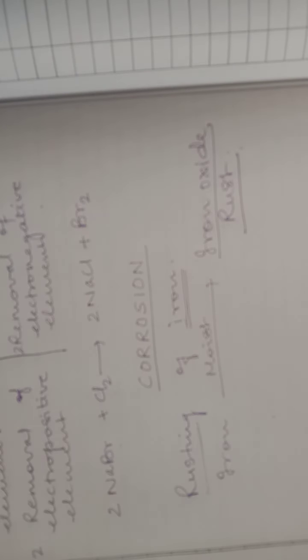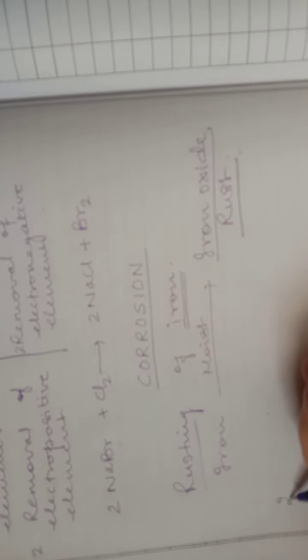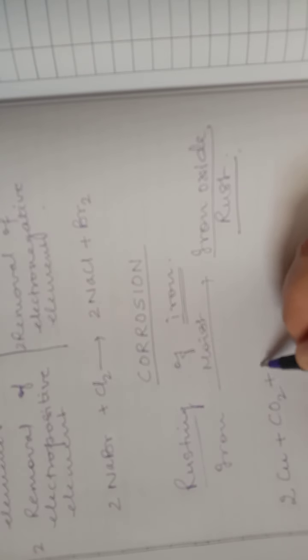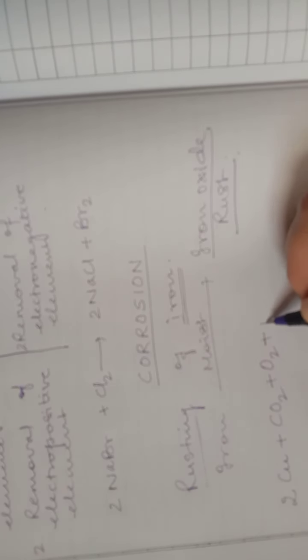So how the corrosion of copper takes place, let us see that. So the reaction will be like this: copper plus CO2 plus O2 plus the water present in air. So all these are from moist air, we'll say.